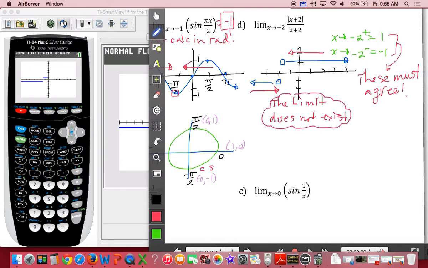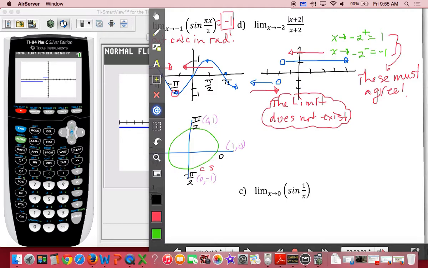The left and right hand has to agree. So as you approach from the left and from the right, you have two different y values right here at -2. You have a y value of 1 and a y value of -1. And so because they don't agree, the limit does not exist.